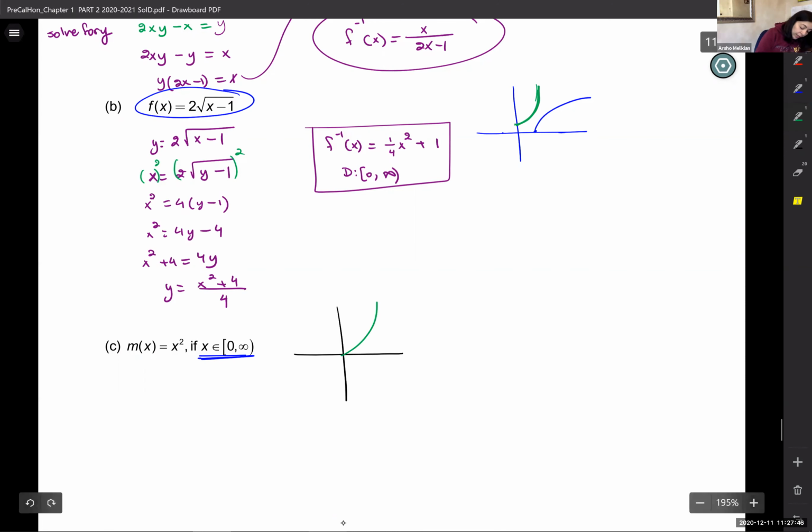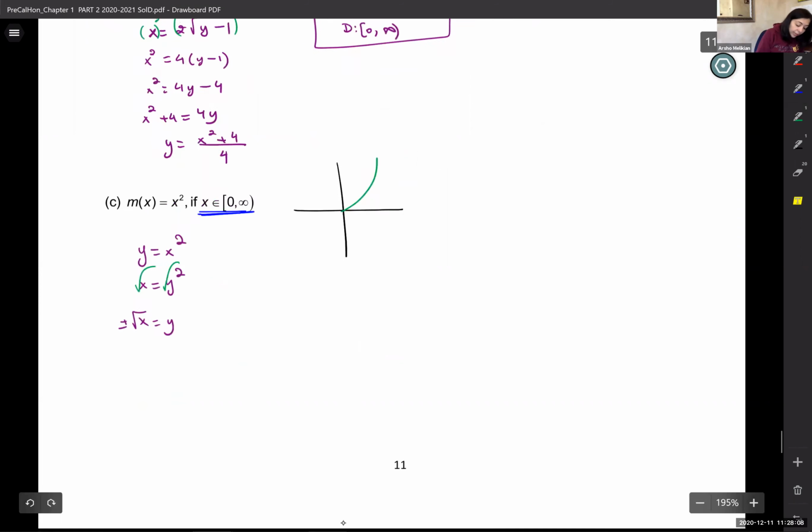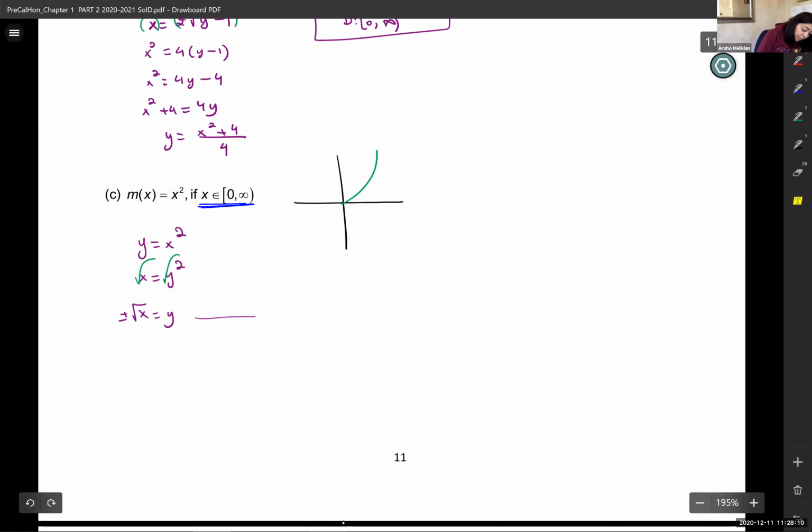Okay, so when I find it, y equals x squared, switch x and y's, take a square root of both sides. What do I get here? y is equal to plus or minus root x. But again, what does plus or minus root x look like?